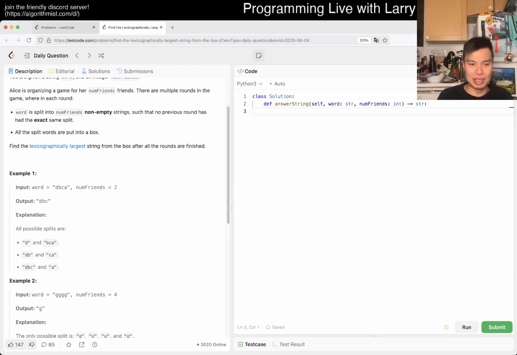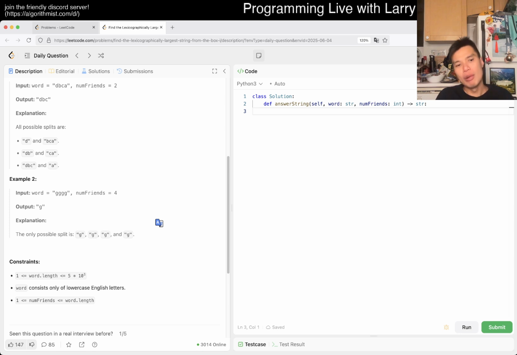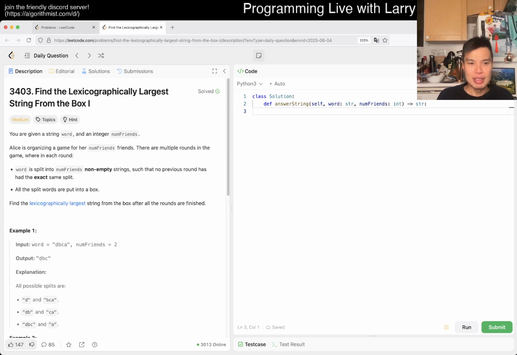It is very confusing. Okay, so this is only a split. So what does this mean? Well, one thing to note is that the lexicographically largest is always going to have the most characters.